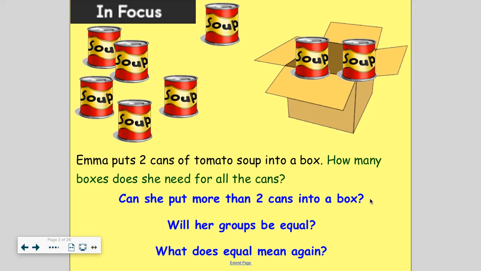Can she put more than 2 cans into a box now that she's already put 2 into this one? If she does put more than 2 cans into a different box, will her groups be equal? What does equal mean again? Talk to somebody at home about this and pause the video.